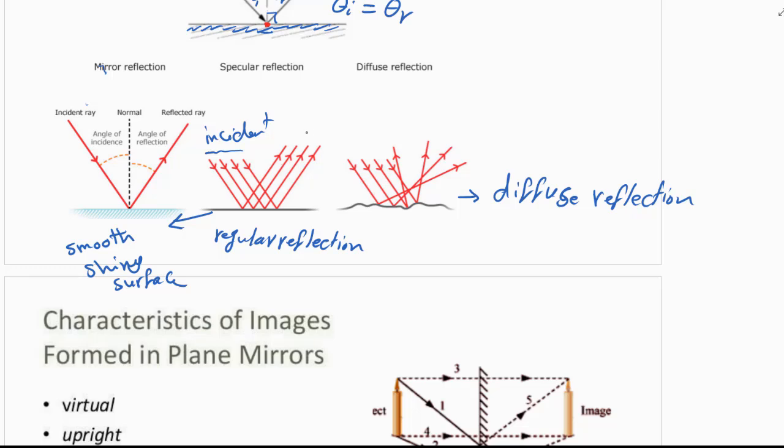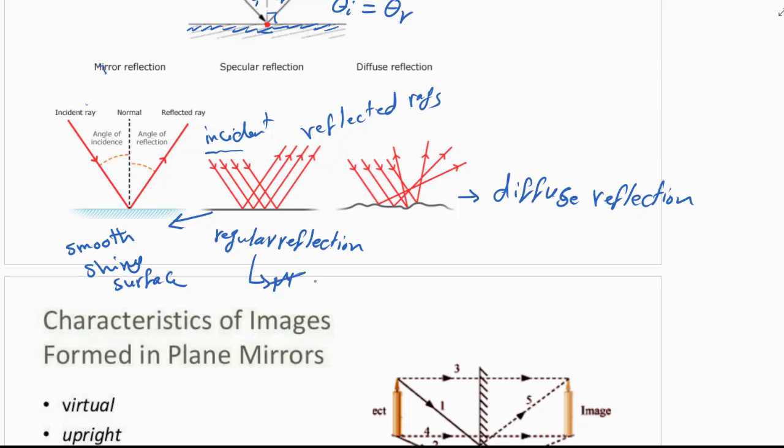The reflected rays are also parallel to each other. This is what is so unique about regular reflection: the reflected rays are parallel to each other. And this is exactly what happens in a mirror.